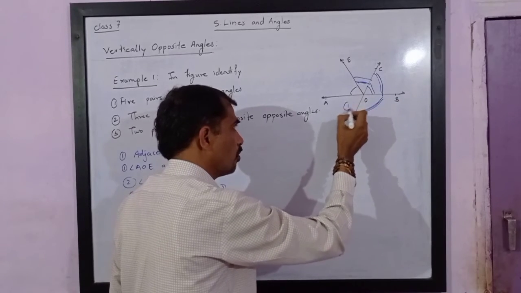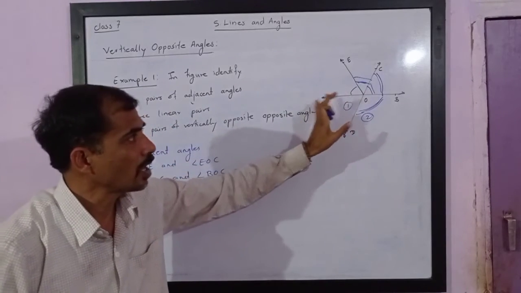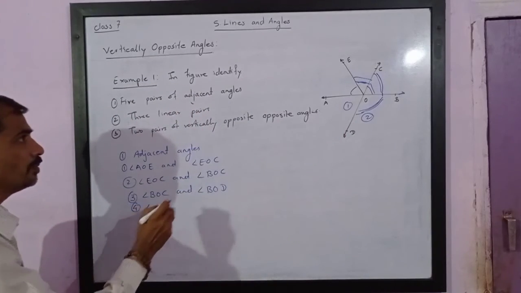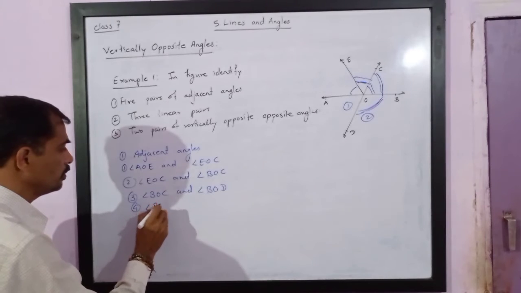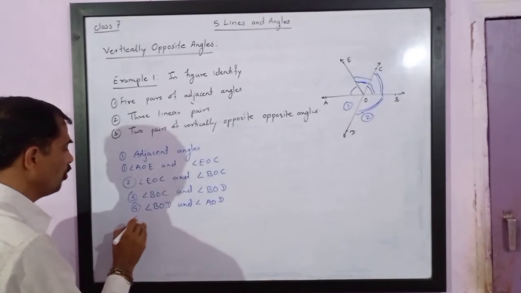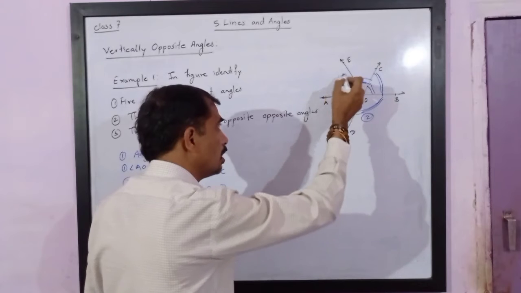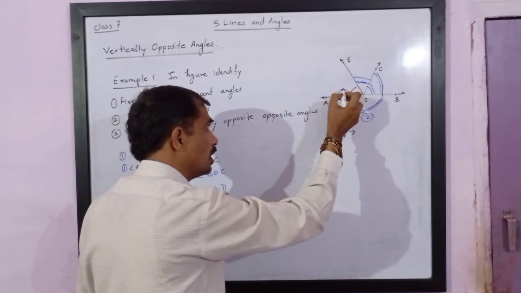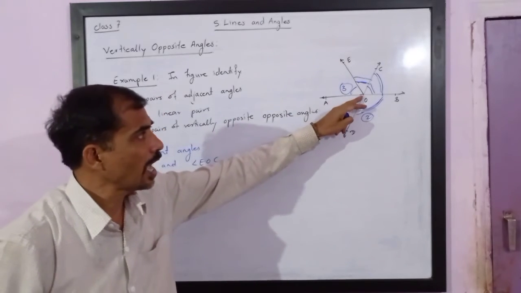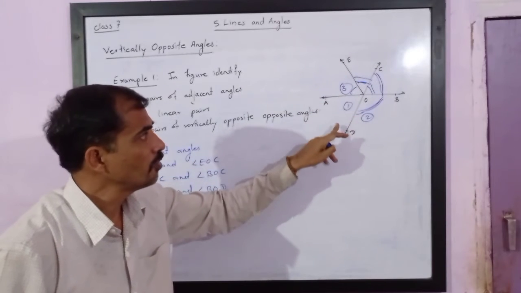Now fourth pair is BOD and AOD. They also have one common arm and uncommon arms are on either side of the common arm. So fourth pair is angle BOD and angle AOD, and fifth pair is angle AOD and angle AOE, that is 1 and 3. They are adjacent angles because they have one common arm OE and uncommon arms are on either side of the angle.